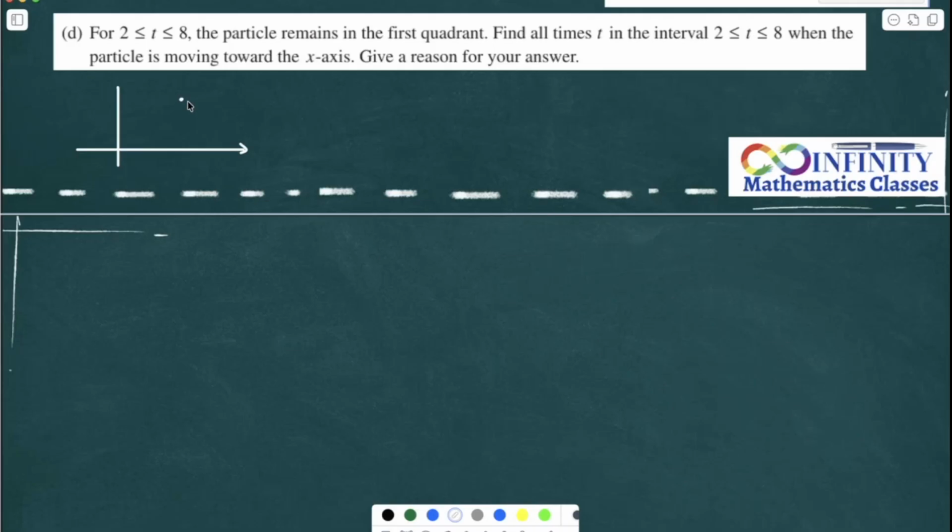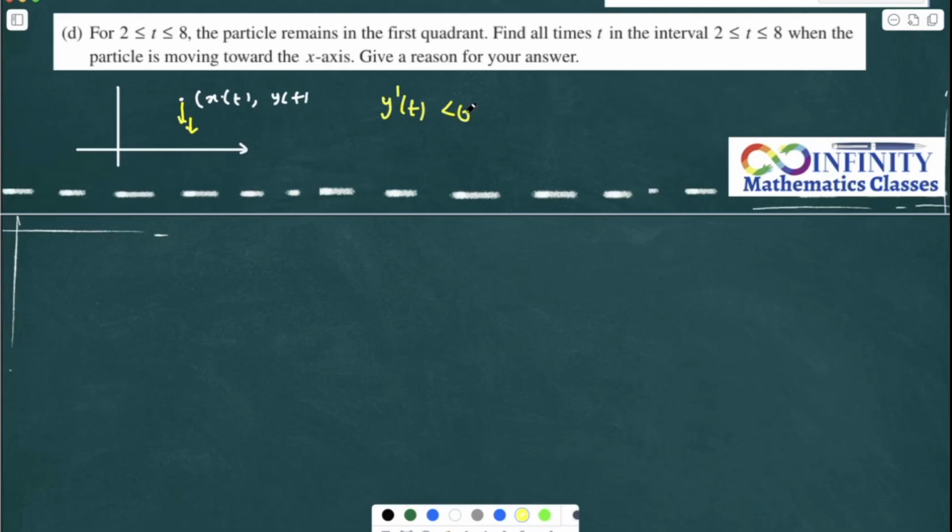For the particle, you are having two values, x(t) and y(t). The question is, for all time t, the particle is moving towards the x-axis. This is what they're telling you. Am I right? That means the height is decreasing. Height decreasing stands for the derivative of y(t) being less than 0.